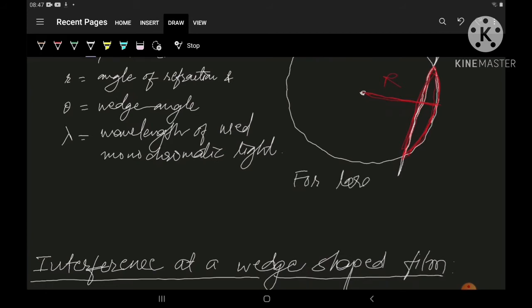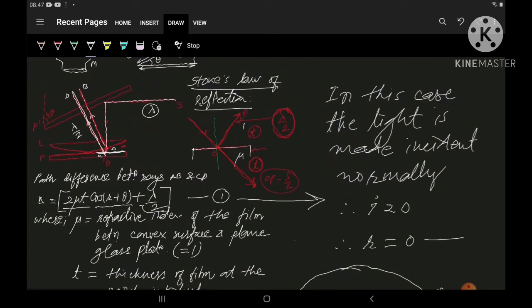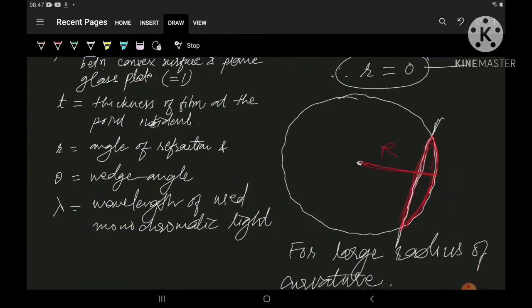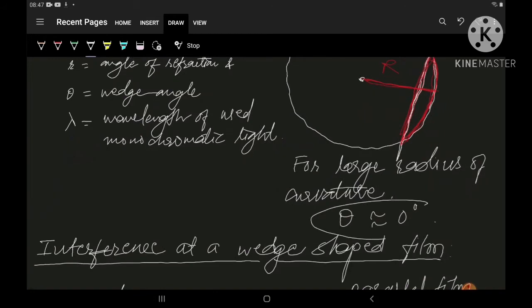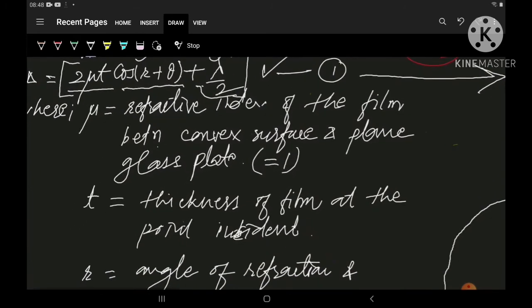That's why we can say that for large radius of curvature, the wedge angle theta is nearly equal to 0 also. So we have r equals 0 and theta equals 0. So equation 1 may be written by putting 0 in place of r and 0 in place of theta.